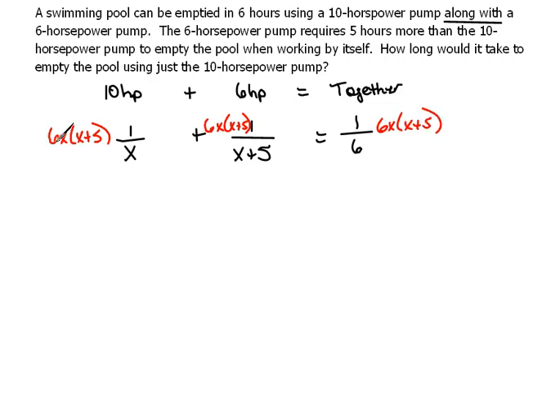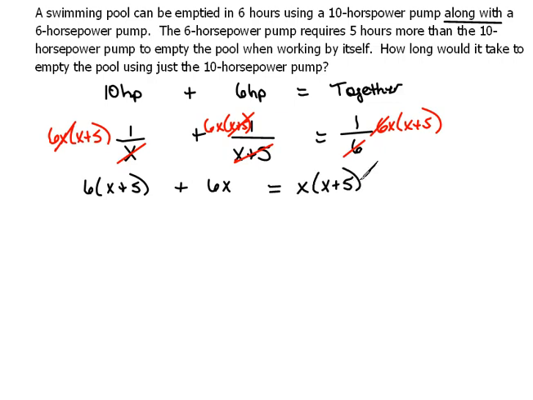When we multiply the first term, our x's will cancel, and we'll have 6 times x plus 5 plus, for our second term, the x plus 5's will cancel. We have 6x times 1 is 6x equals, for our term on the right, the x's will cancel, so we have 1 times x plus 5 is x times x plus 5.